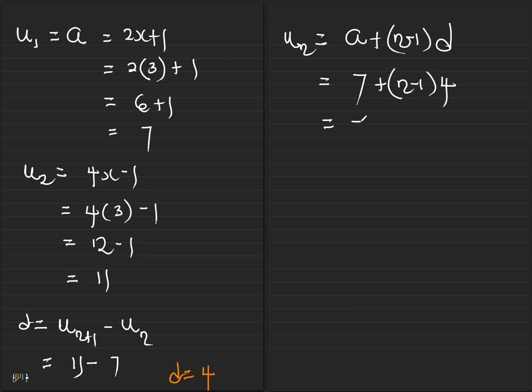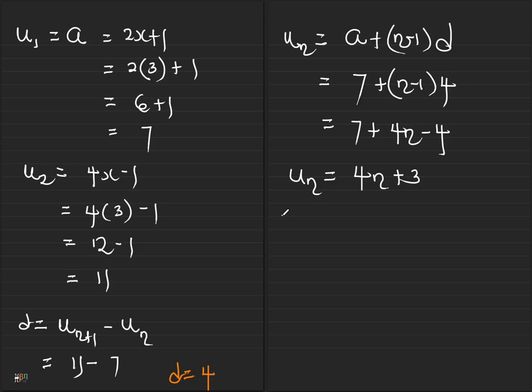That can be simplified further as 7 plus 4n, then 4 times 1 gives us negative 4. Simplifying further, we have 7 minus 4, which gives us a positive 3.